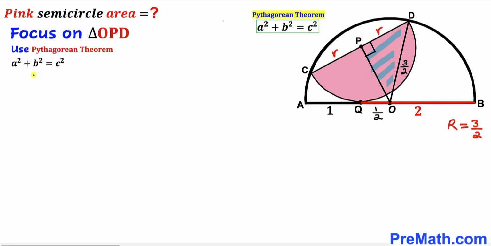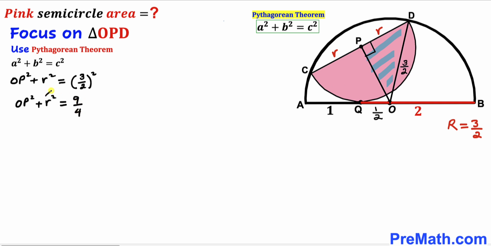Let's fill in the blanks: OP square plus r square equals 3 divided by 2 whole square. Let's simplify: OP square plus r square equals 9 divided by 4.